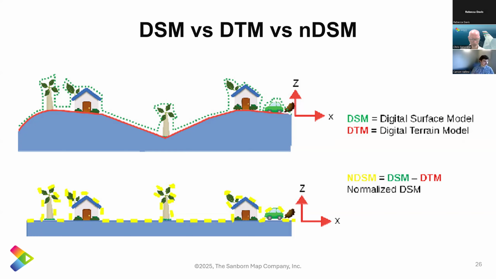I thought these really gave a good example of this. Your DSM is really the height of all the objects within my scope here, whether it's a building or a tree or a car, even, as is shown here, versus the DTM, which is our terrain, the actual ground underneath everything. And both of these have really important uses.